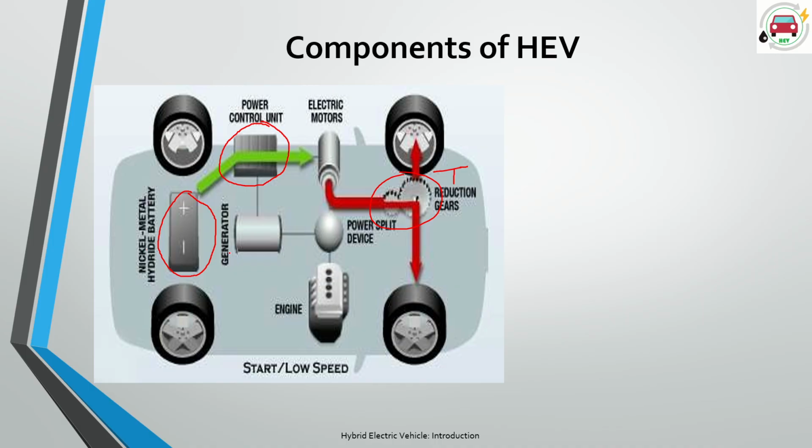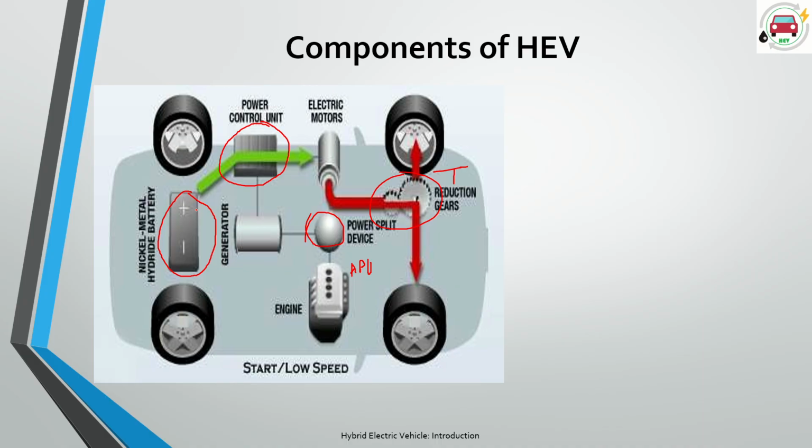So how are the electric batteries or the storage unit getting power? There is a power split device available. They take the power from the engine, that is the APU, the additional or alternate power unit, and it generates the power to store in the batteries.